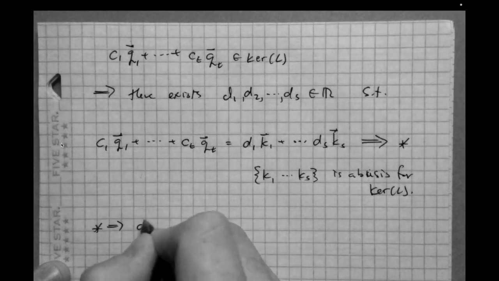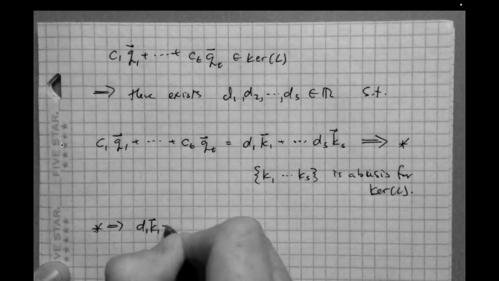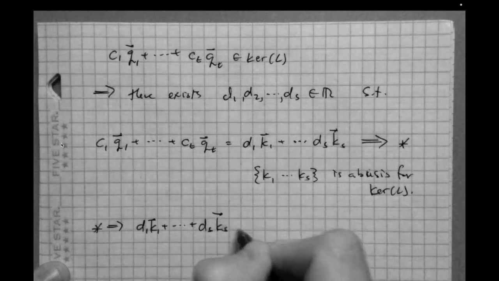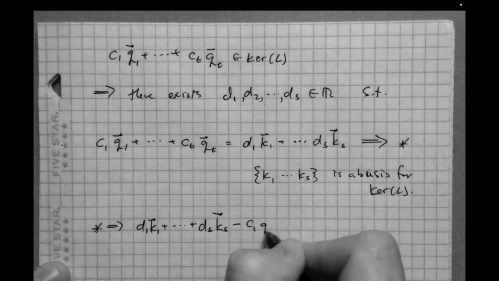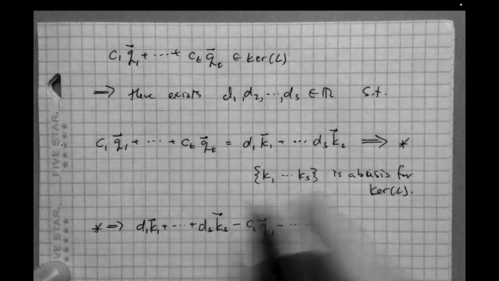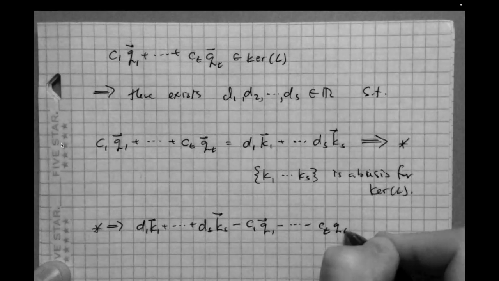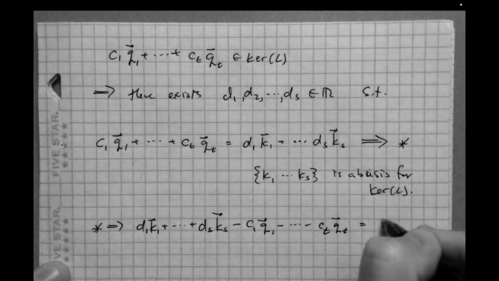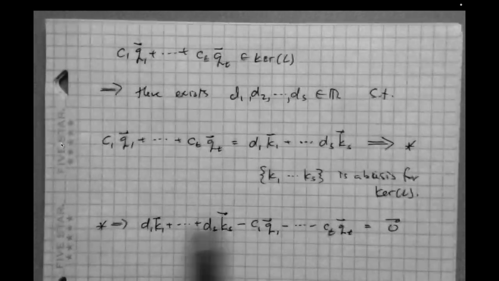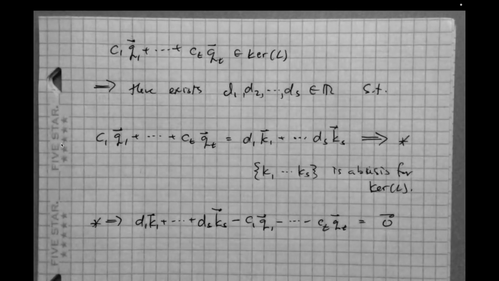So we have D1 K1 plus dot dot dot plus DS KS minus C1 Q1 minus dot dot dot minus CT QT, and that would all equal the zero vector, wouldn't it? Okay, but what are we doing here? This whole linear combination must be in the kernel as well.